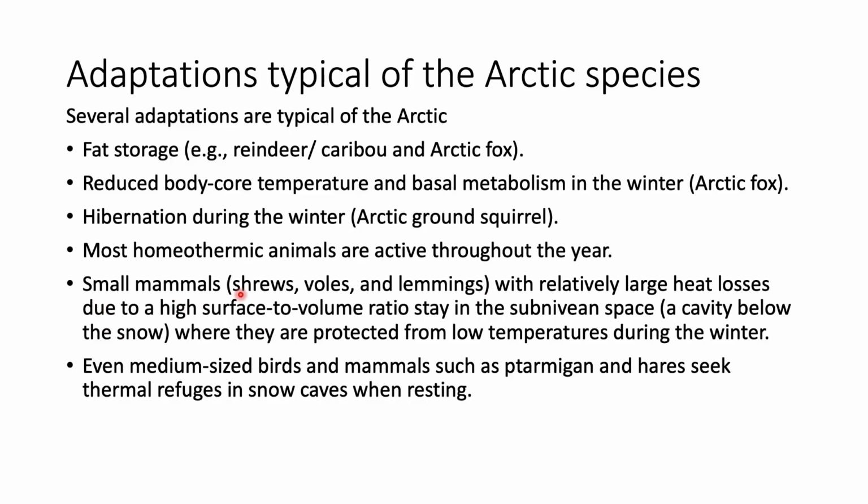And small mammals, shrews, voles and lemmings, with relatively large heat losses due to their high surface to volume ratio, stay in the subnivean space, a cavity below the snow where they are protected from low temperature during the winter. Even medium-sized birds and mammals such as ptarmigan and hares seek thermal refuge in snow caves when resting. So these are some of the adaptations typical of Arctic species.